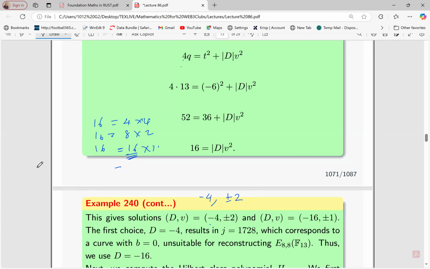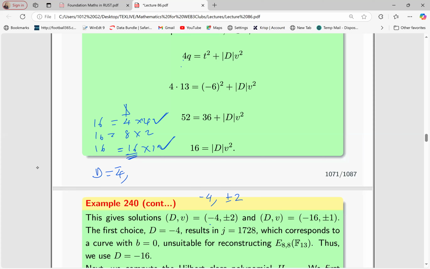So we cannot disqualify that. So I think we can choose this and choose that, so that going forward, we'll now see which one to disqualify and with what reason. So the possibility is D can be 4. And if D is 4, V square can be 4 again. So V therefore is 2 plus or minus.